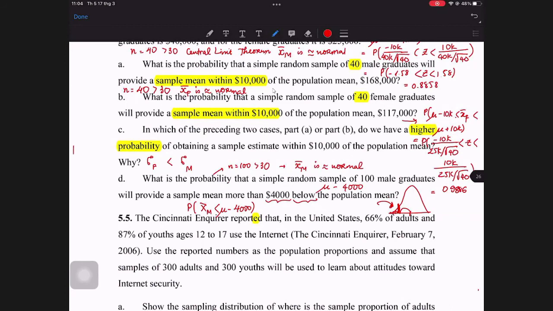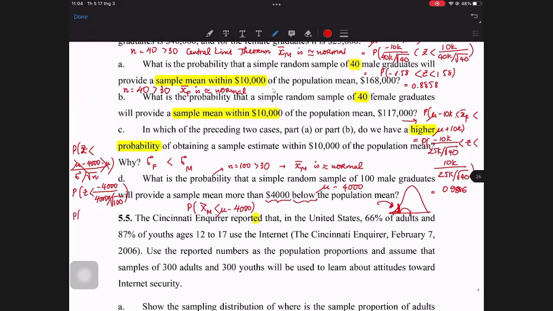So that should give us P of Z smaller than (4,000 minus mu) over sigma over square root of n. So that should give us P of Z smaller than minus 4,000 over, sigma here is 40,000, square root of n here is 100.